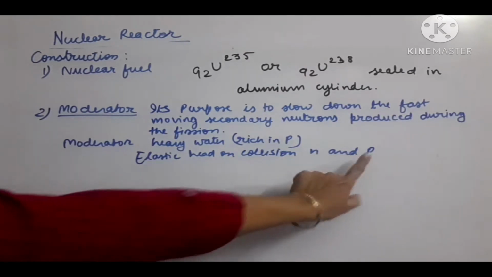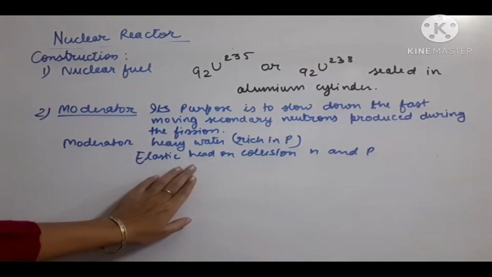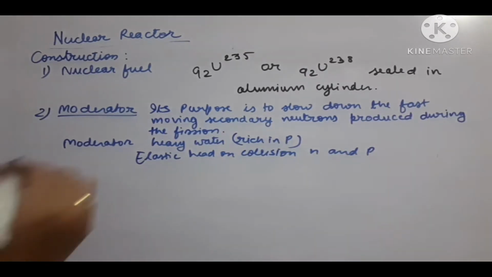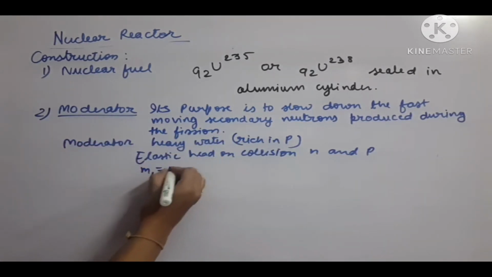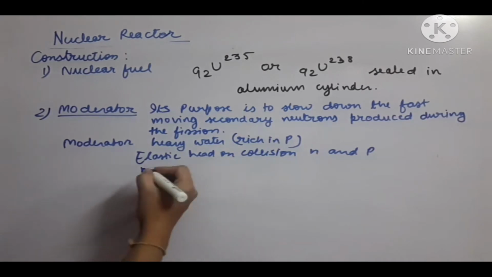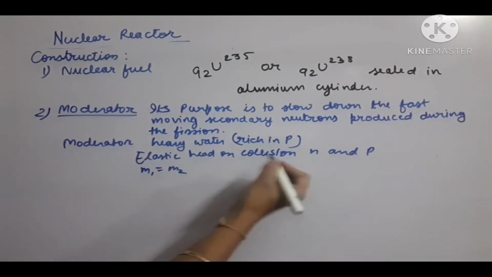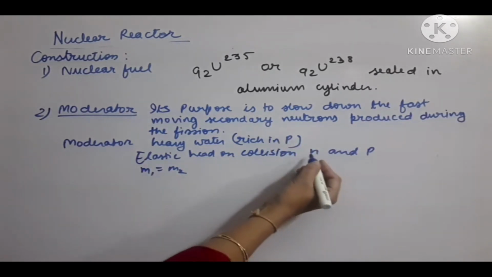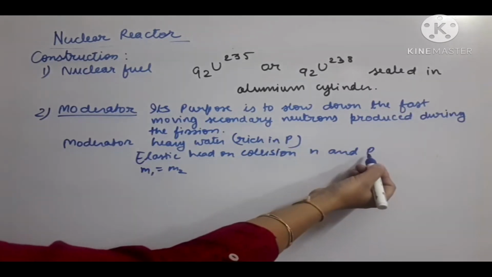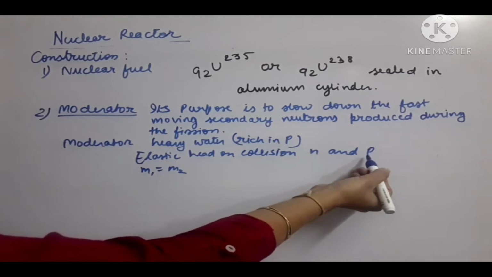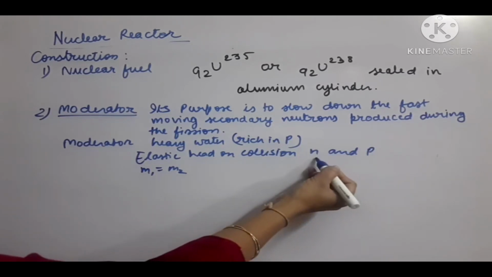Neutrons and protons, we allow elastic head-on collision. Whenever in an elastic collision, as we have studied, m1 and m2 are almost the same, then after the head-on collision their velocities get exchanged. The fast speed of the neutron is carried away by the proton, and the slow speed of the proton is carried away by the neutron.